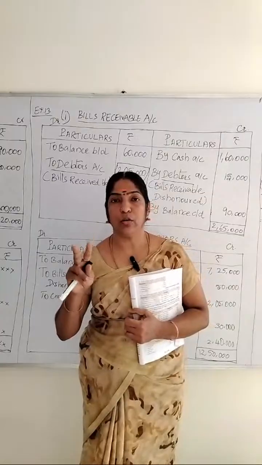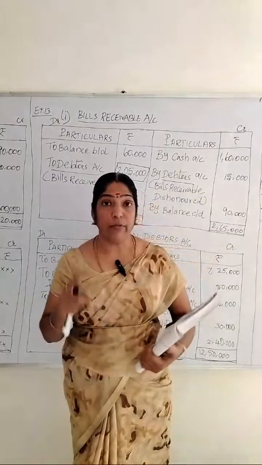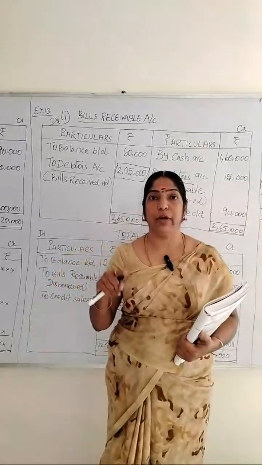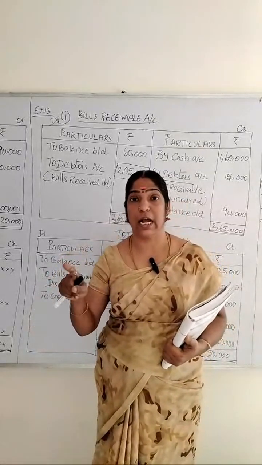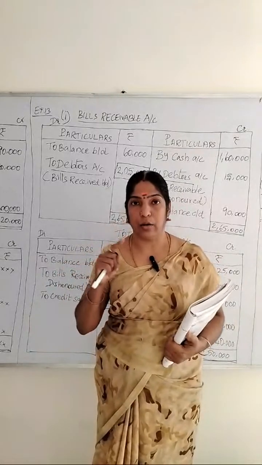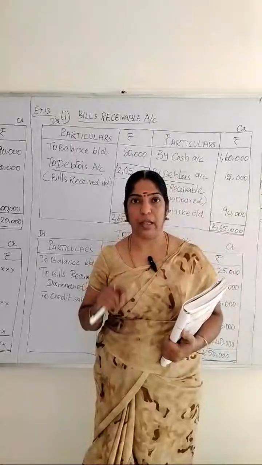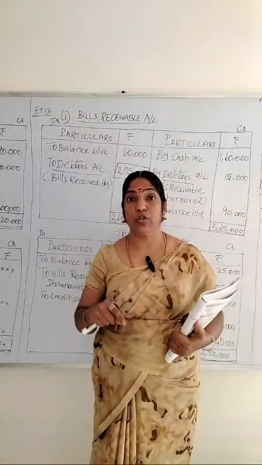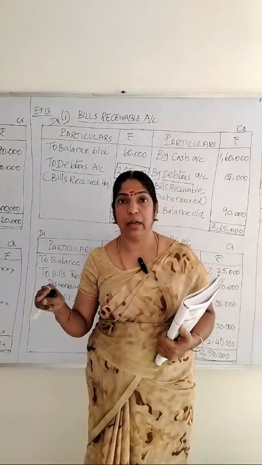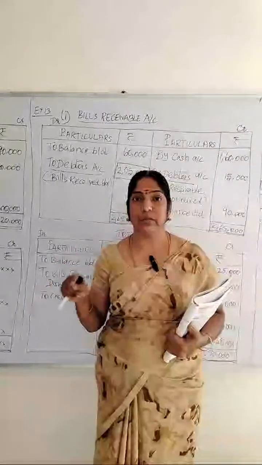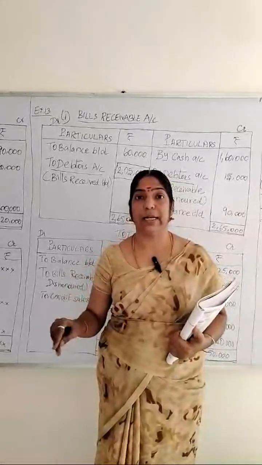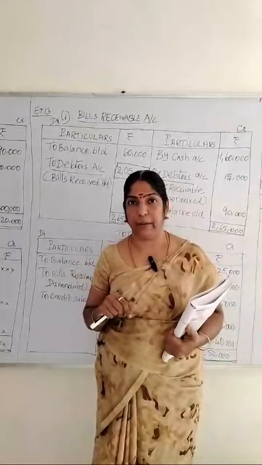So always, if they give 1st April or 1st January, we take it as the beginning of the accounting period. If they give 31st December or 31st March, we consider that as the end of the accounting period.